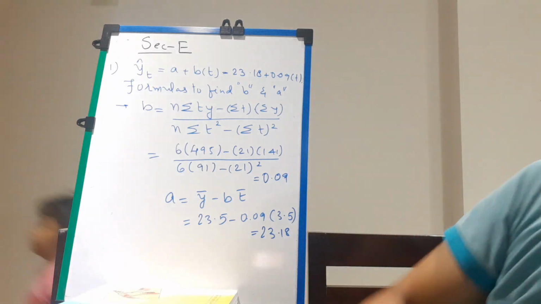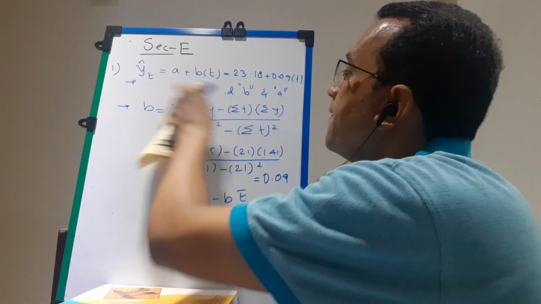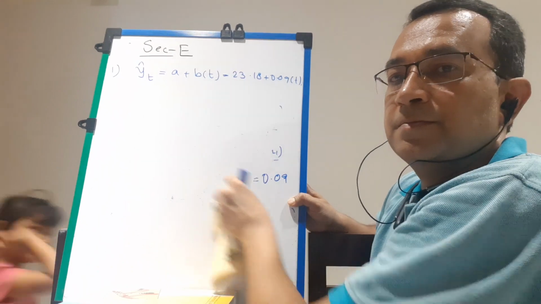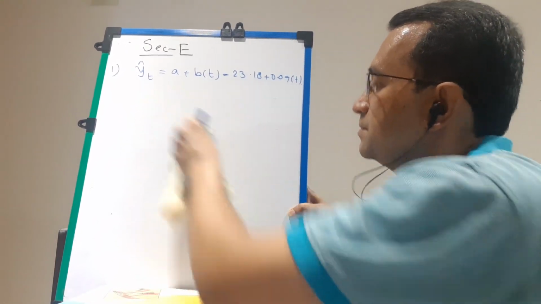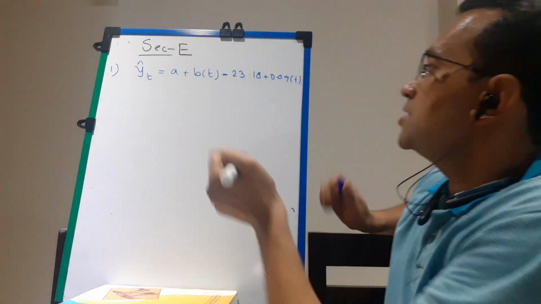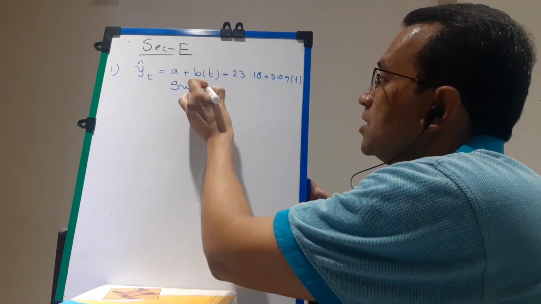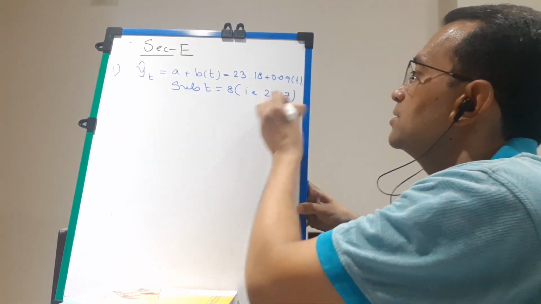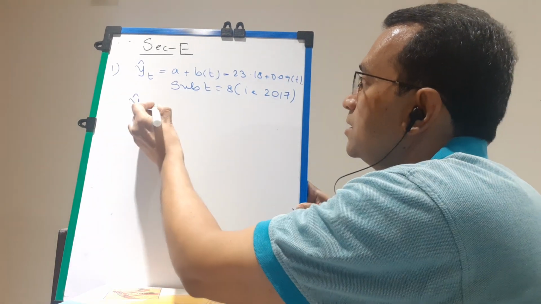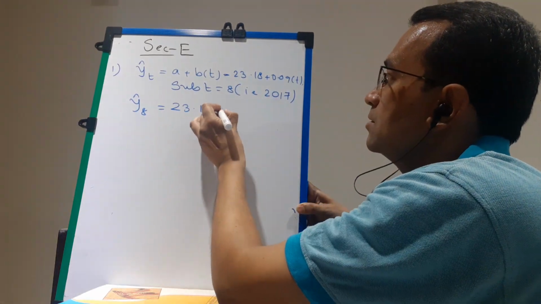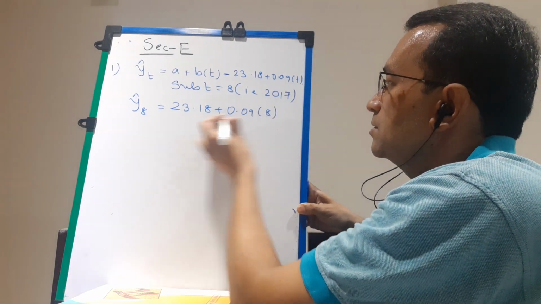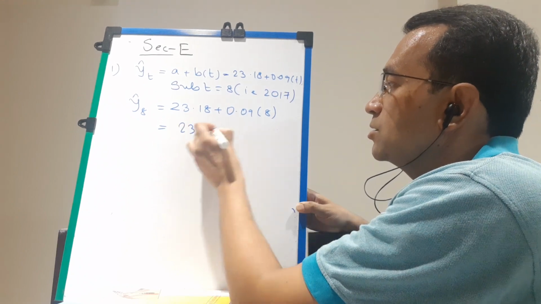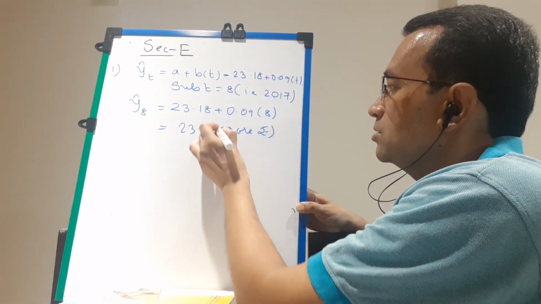So substituting t is equal to 8, that is for the year 2017, y8 cap, and this answer turns out to be 23.9 crore rupees.